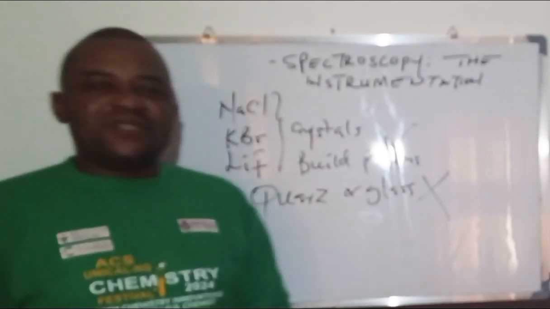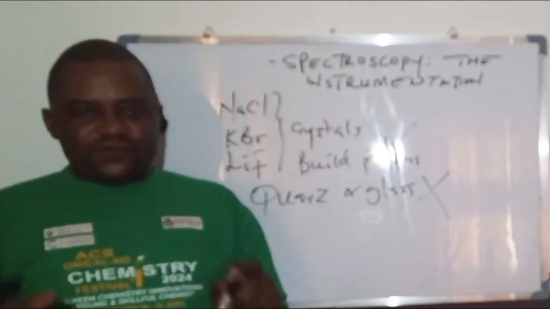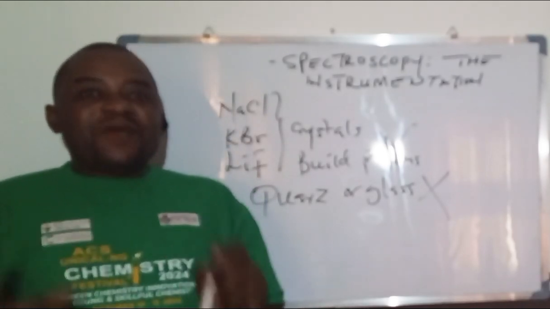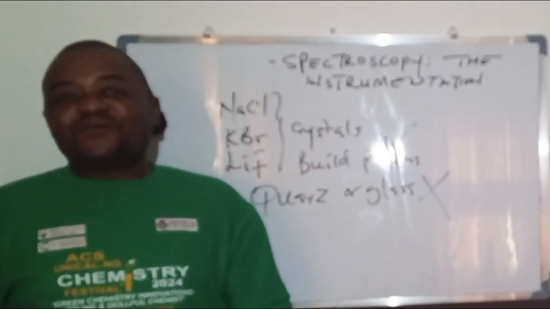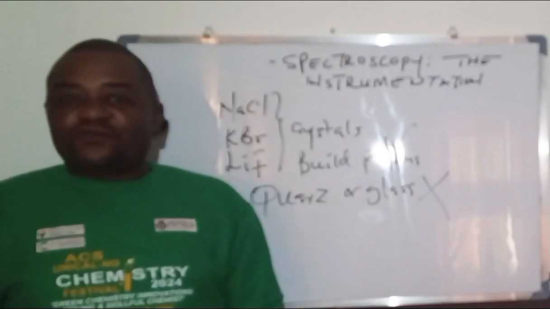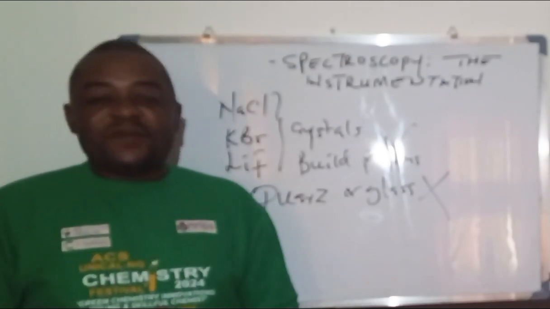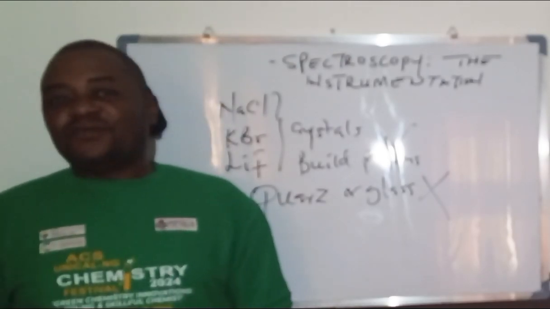At that display unit, what you will see is a spectrum, and that spectrum can either be an absorption spectrum or a transmittance spectrum. For IR spectroscopy, you can have an absorption spectrum or you can have a transmittance spectrum.